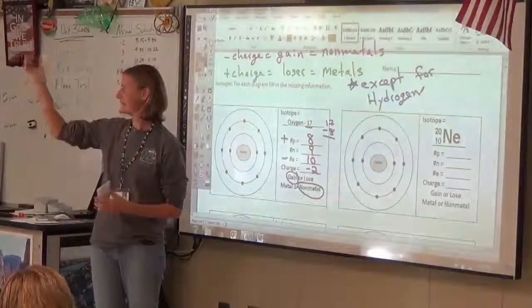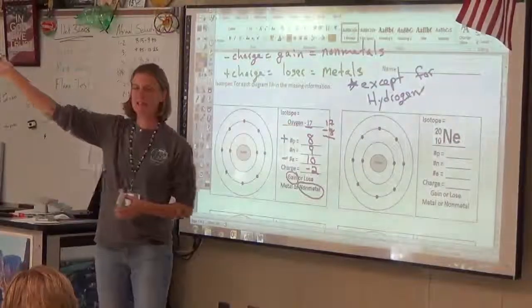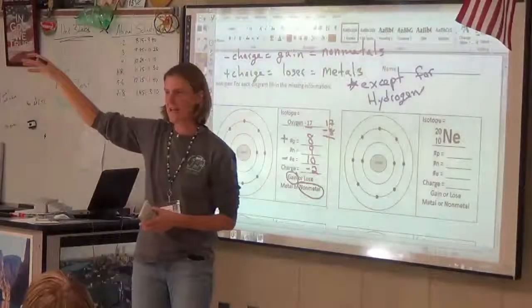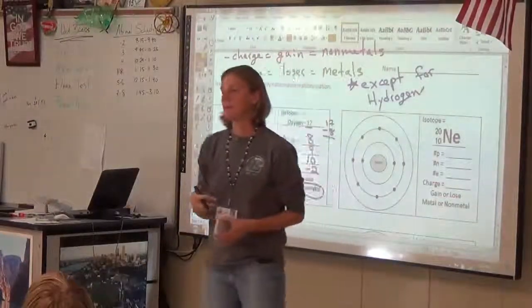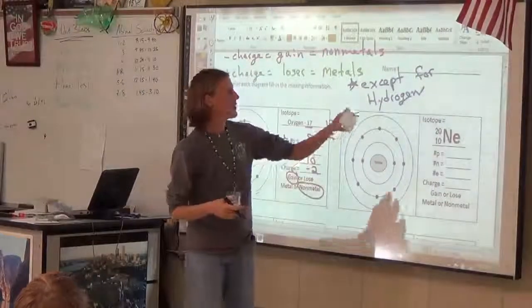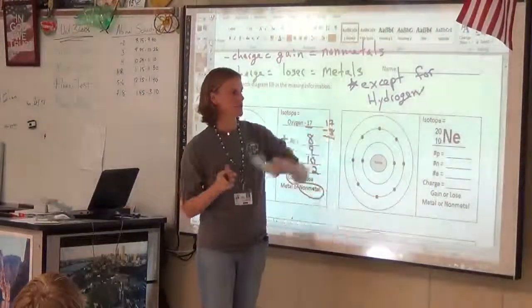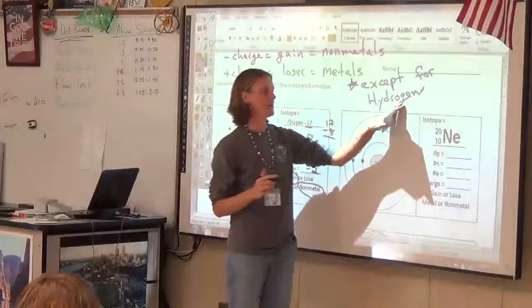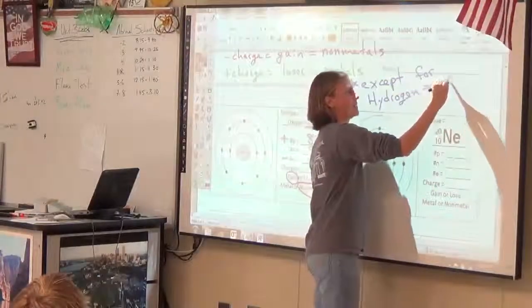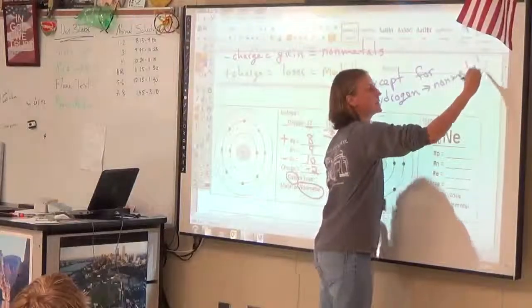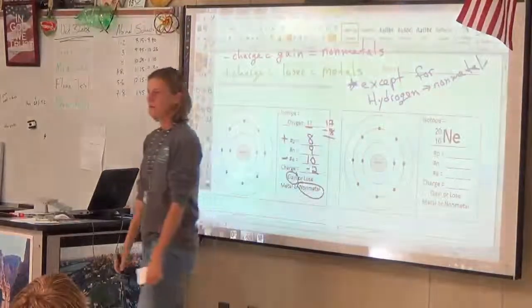And in fact, that's kind of neat, because hydrogen has how many electrons normally as an atom? 1. It will actually lose that 1 electron to bond with other things to become stable. But it is not a metal. So, except for hydrogen, which is a non-metal. Okay, so far so good.